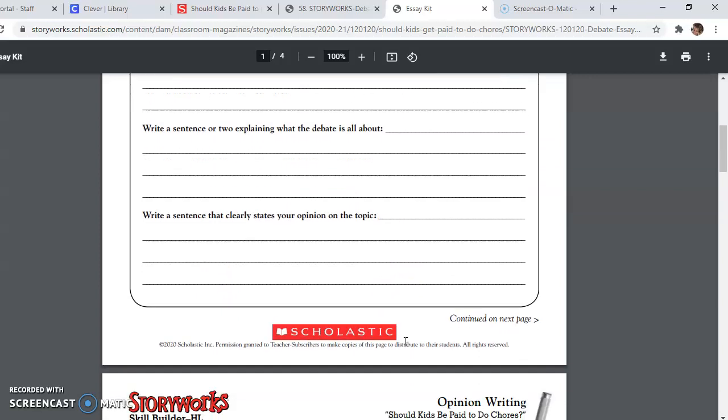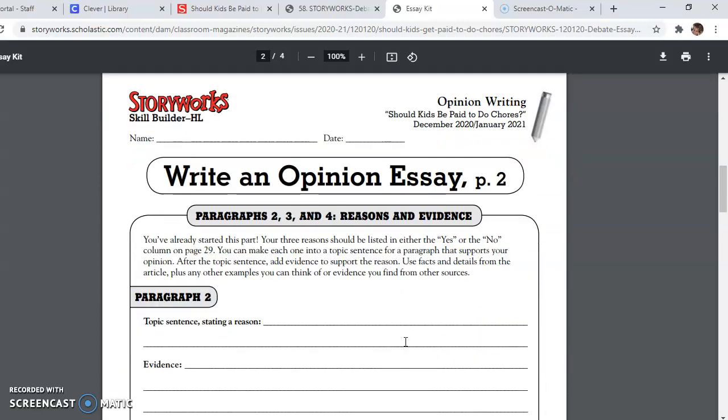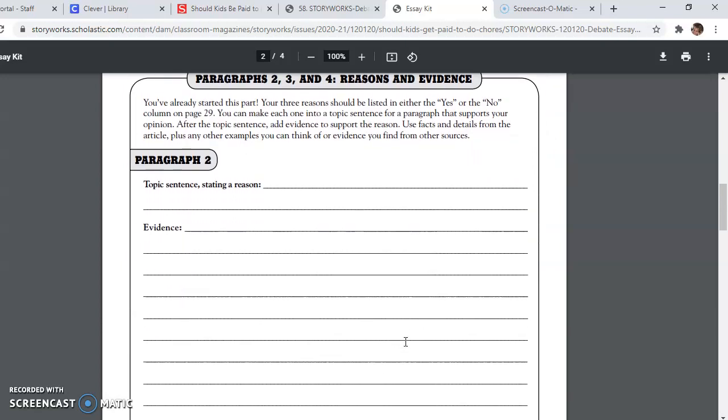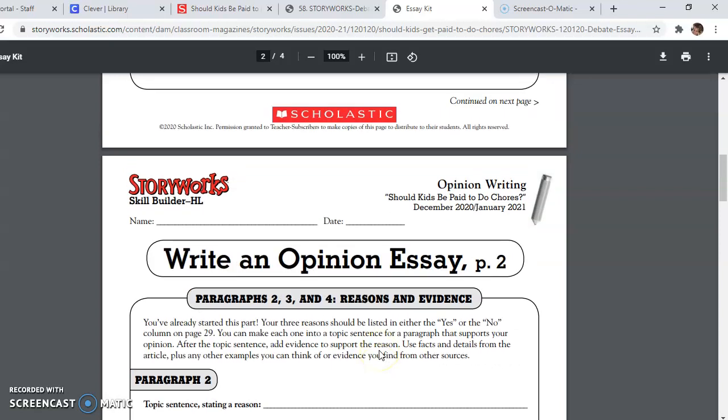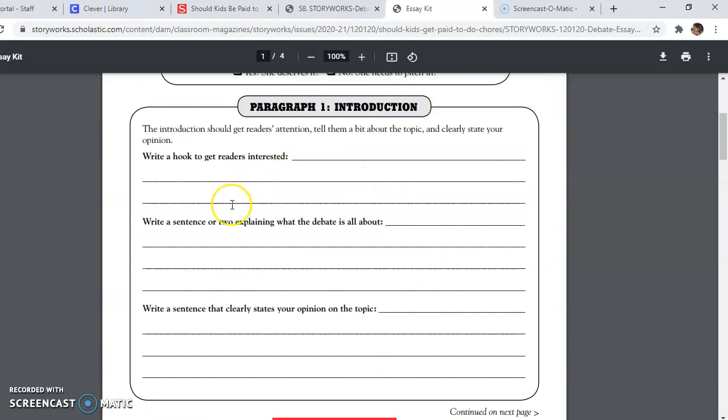And then what will happen next, and this will be tomorrow, each one of those will be your topic sentence, and then you'll write evidence to support that. But today, all you have to do is write your introductory paragraph and make sure that you put some thought into that hook, and then your sentence or two about what the debate is, and then your thesis statement.